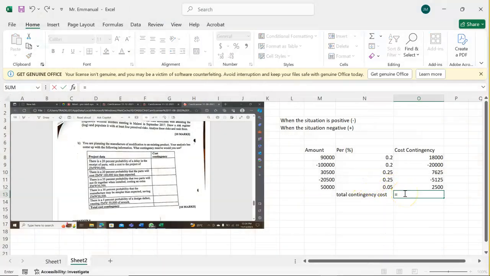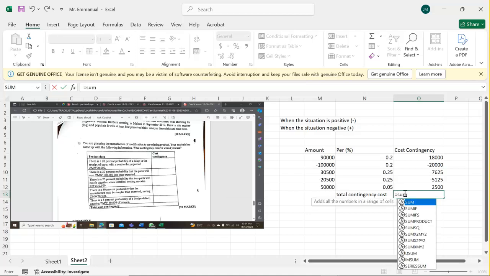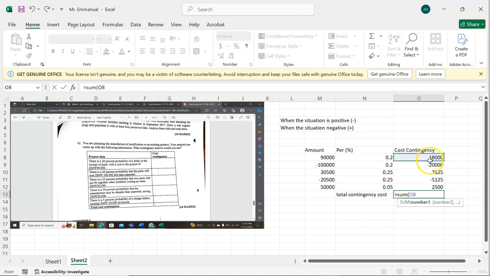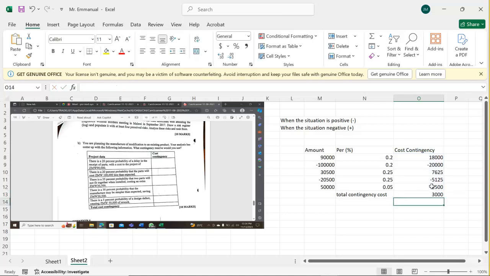So it will be equal to the summation of those. Negatives will subtract themselves, positives will add themselves. So you have 3,000 there. That is the contingency used.